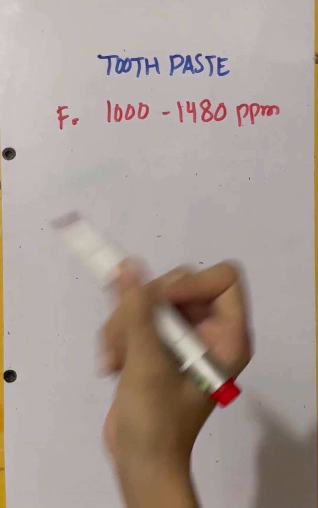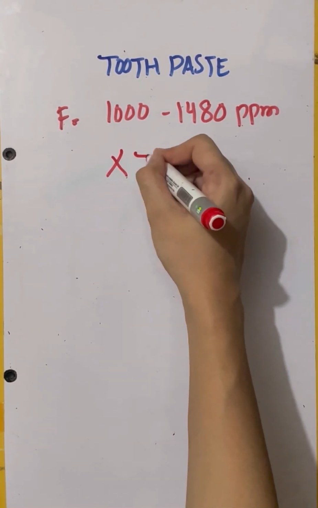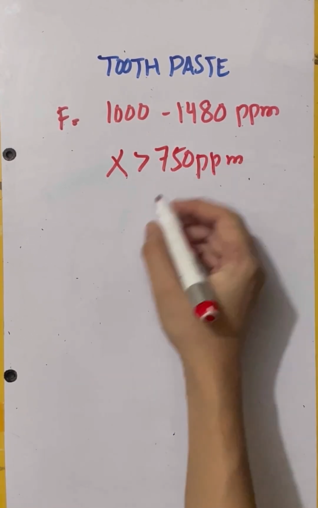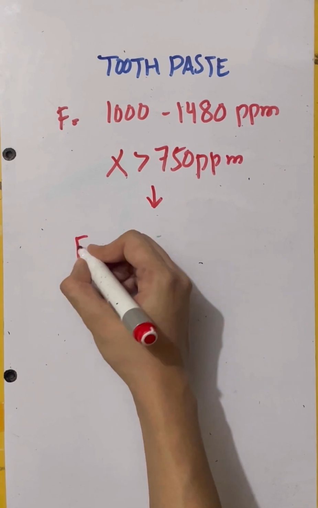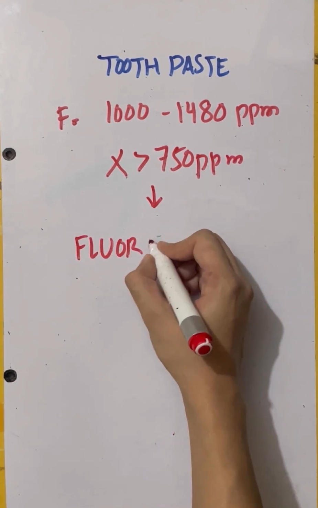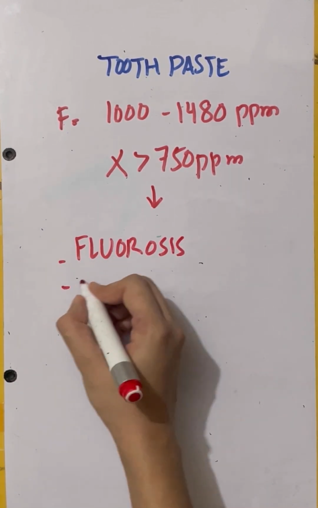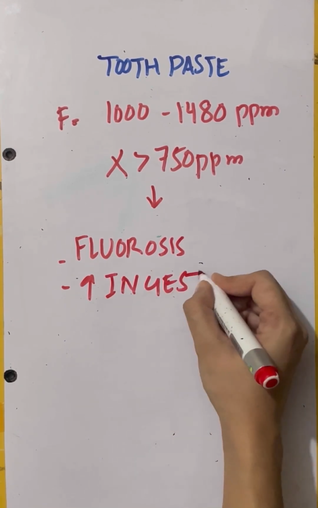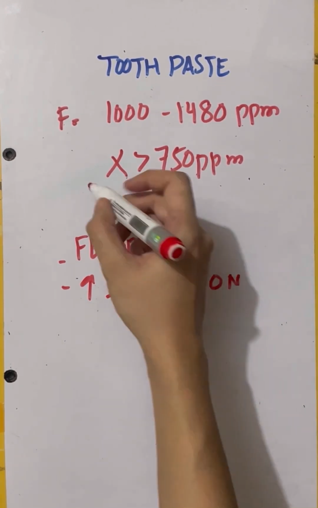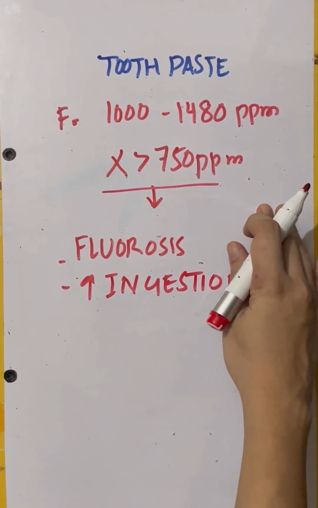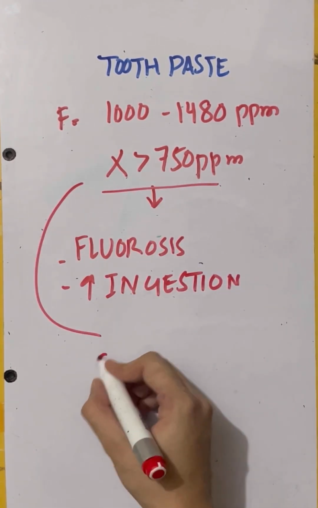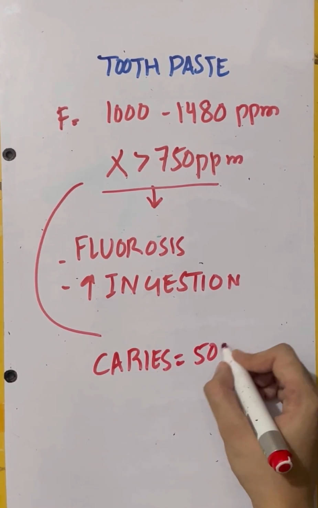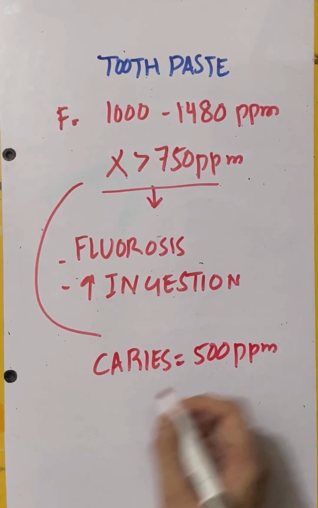A child should not use greater than 750 ppm of fluoride because it will lead to fluorosis and it will increase the chances of ingestion. So a child should use less than 750 ppm fluoride. If a child is caries free, then he can use 500 ppm of fluoride.